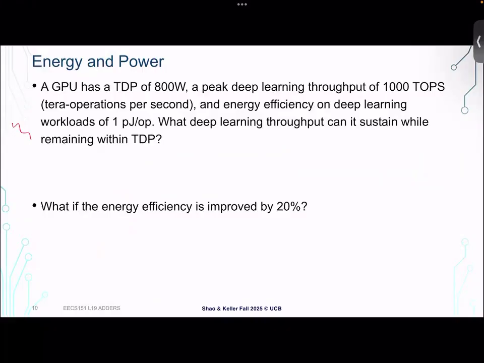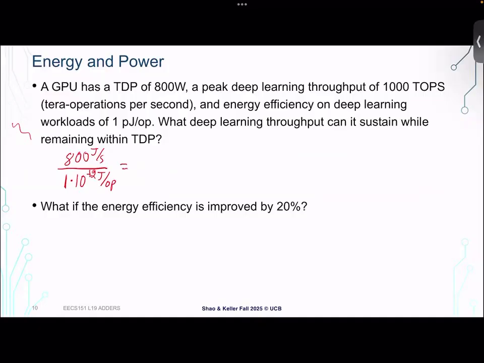So we have 800 watts. One picojoule per op.